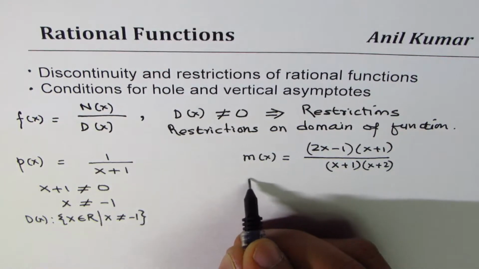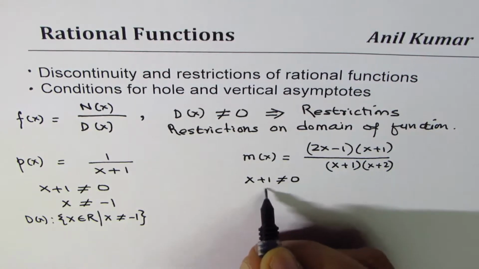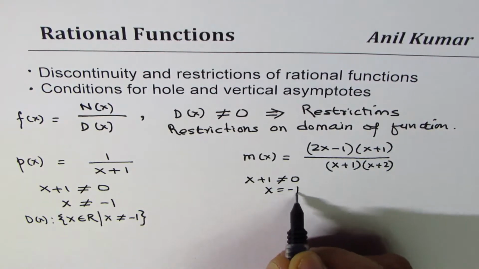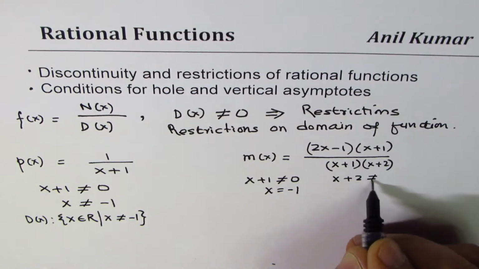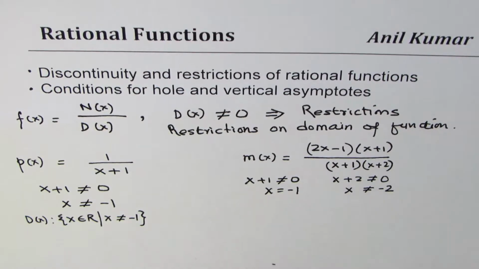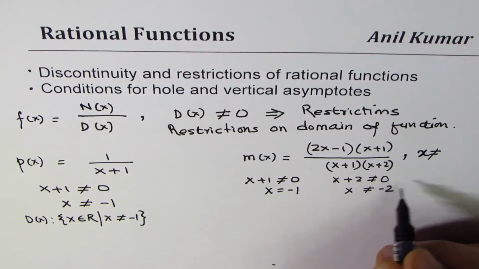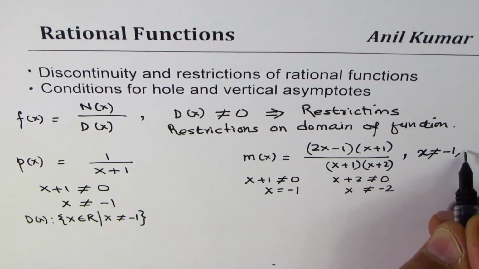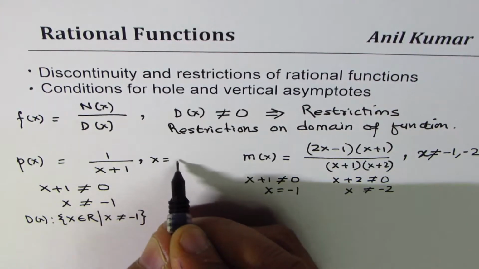The restrictions are that x plus 1 is not equal to 0, that is x is not equal to minus 1. The other restriction is x plus 2 is not equal to 0, that is x is not equal to minus 2. You got it, right? So we can say here that x is not equal to minus 1 and minus 2.